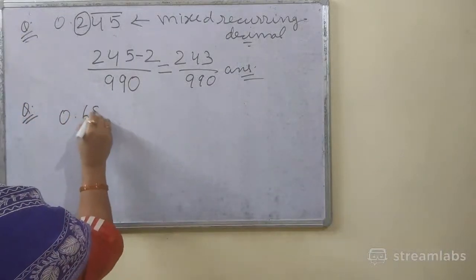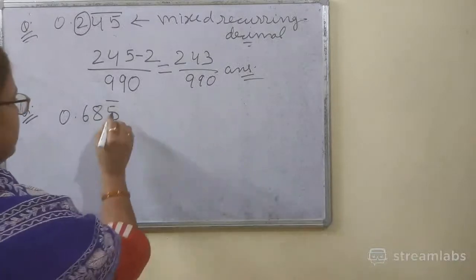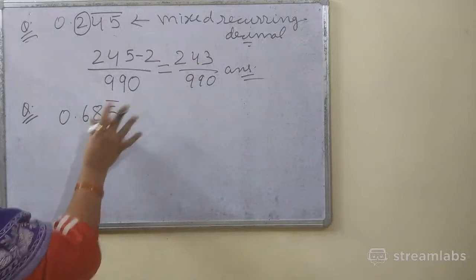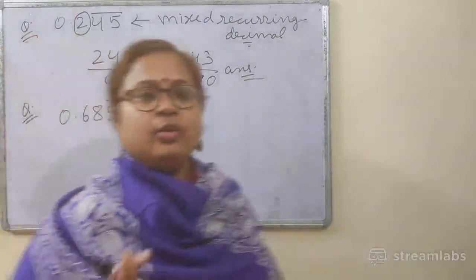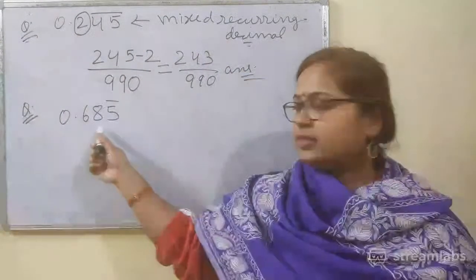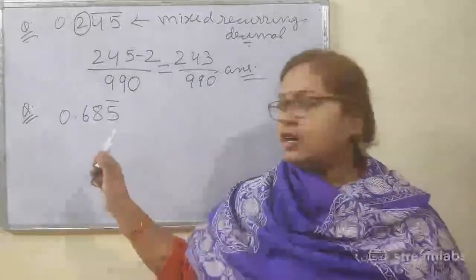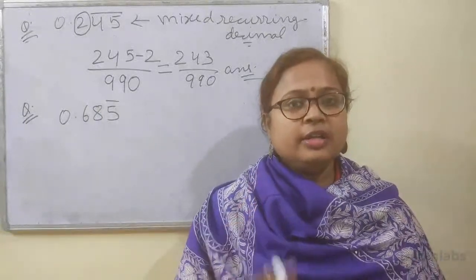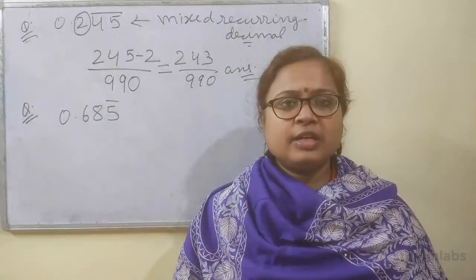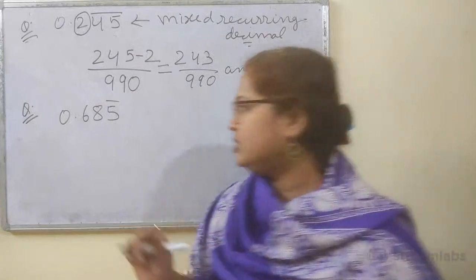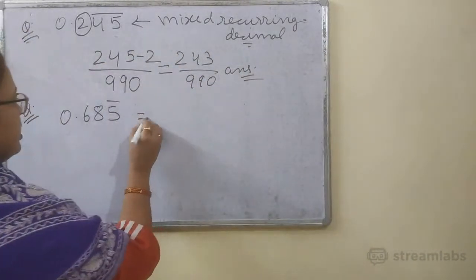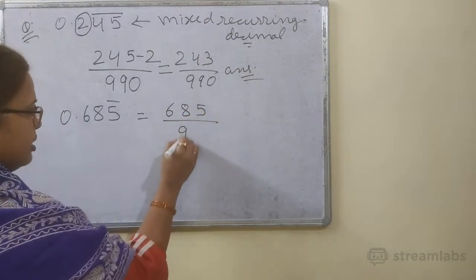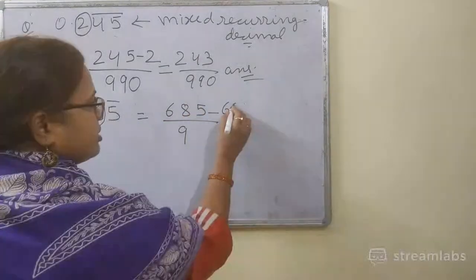0.6855. Here the recurring number is what? 5. 6, 8 is not recurring in this. Clear? 0.6855 recurring is only on 5. What will you do? In the denominator, how many times will you write 9? Very good. 1 time. Yes. So here we will write 6, 8, 5 and then subtract 68.